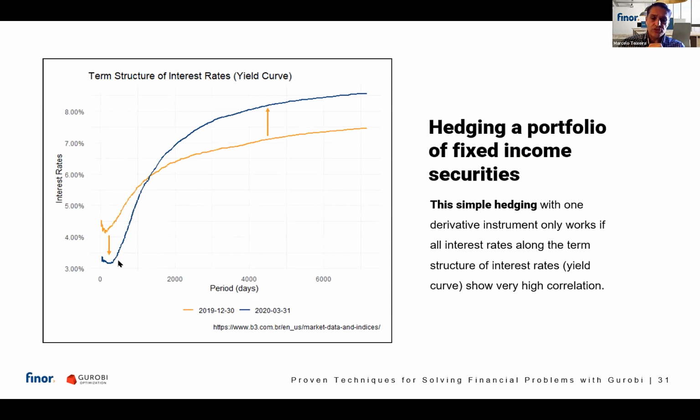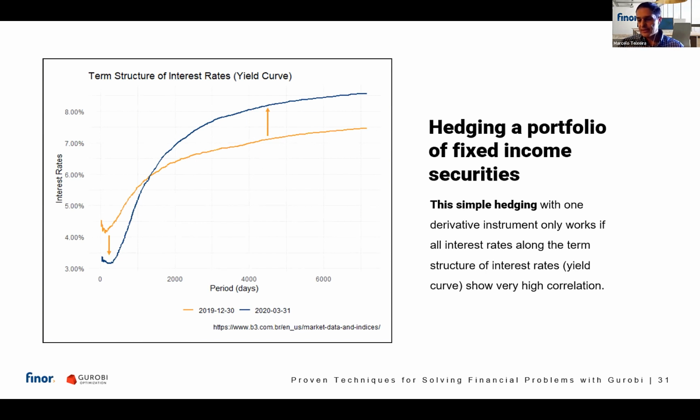So a typical yield curve has short rates lower and long rates higher. But as you can see in this example, as it changes from the orange line to the blue line, the rates throughout the curve don't change in tandem.